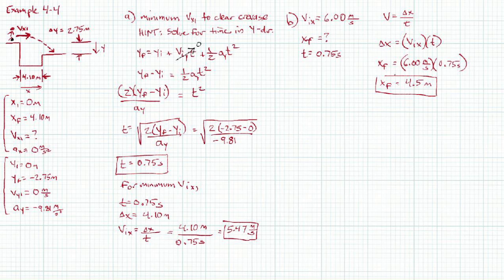But that's not really what it's asking us. It says how far past the edge, or B, where does the climber land? Well, if he has to cover 4.10 meters and he covers 4.5 meters, 4.5 minus 4.10, that means the climber lands 0.4 meters past the edge.